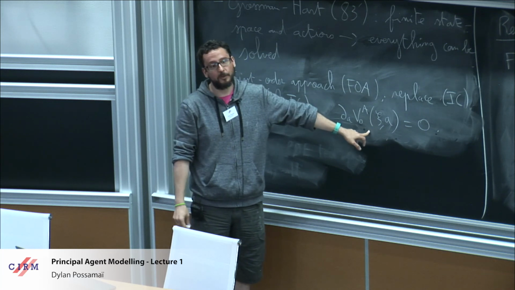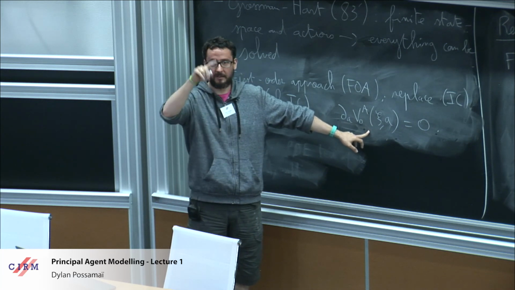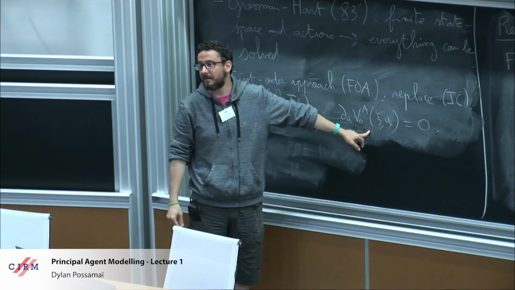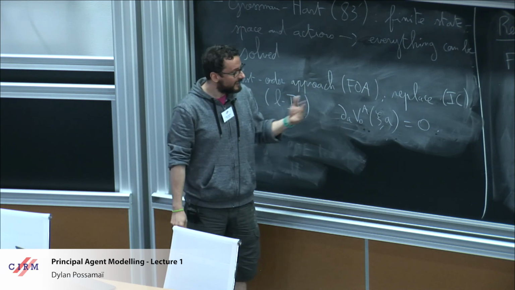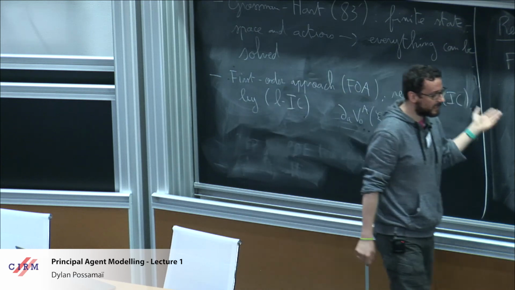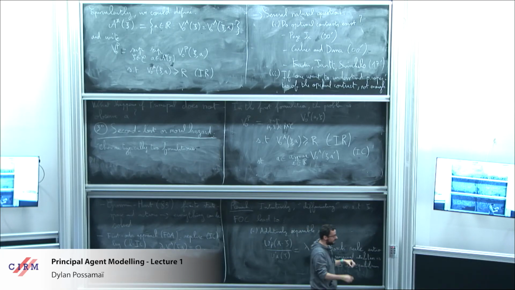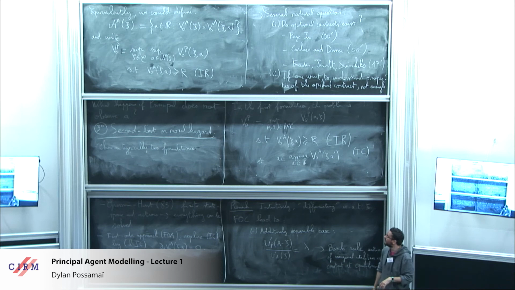Nothing is preventing you from actually having a local minimum instead of a local maximum. So any conclusion that you would get from this, without being 100% sure that the first-order approach is valid, should be taken with a lot of caution. Okay?